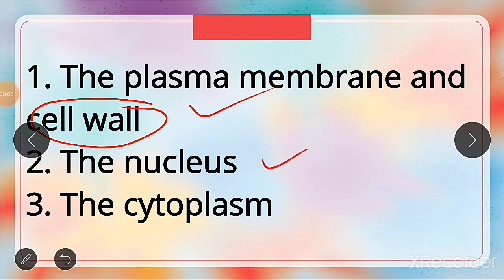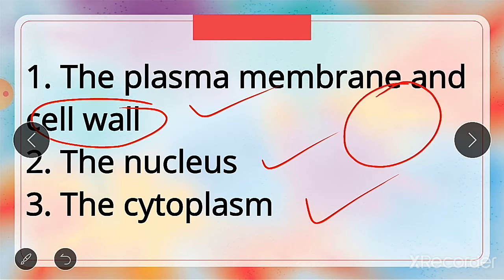The next is the nucleus. The nucleus plays a central role in cellular reproduction, and it is visible under a light microscope. Other organelles you have to see under the electron microscope. So the nucleus is the second feature, and the third one is the cytoplasm. The cytoplasm lies inside the cell membrane. Suppose this is the cell, and this is the outer boundary, or you can say the plasma membrane.